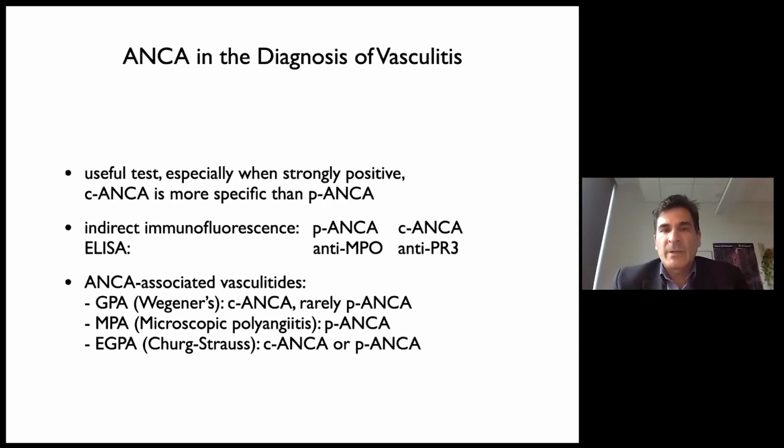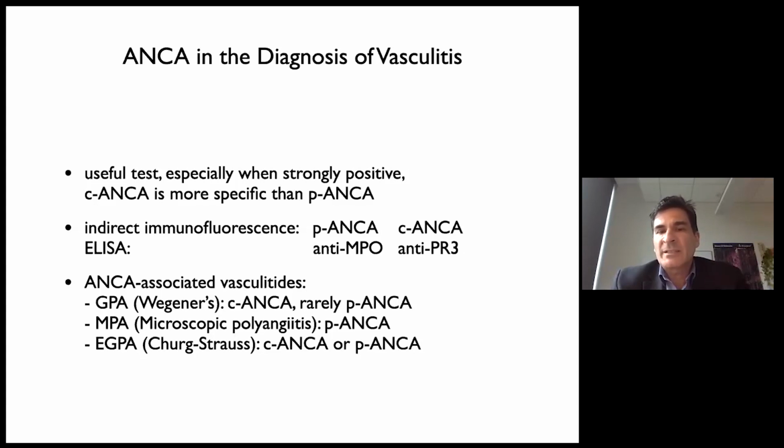ANCA testing can be very useful, in particular when the results are strongly positive. Just as a reminder, there are C and P ANCA antibodies, cytoplasmic and perinuclear, and the C ANCA is more specific than the P ANCA.